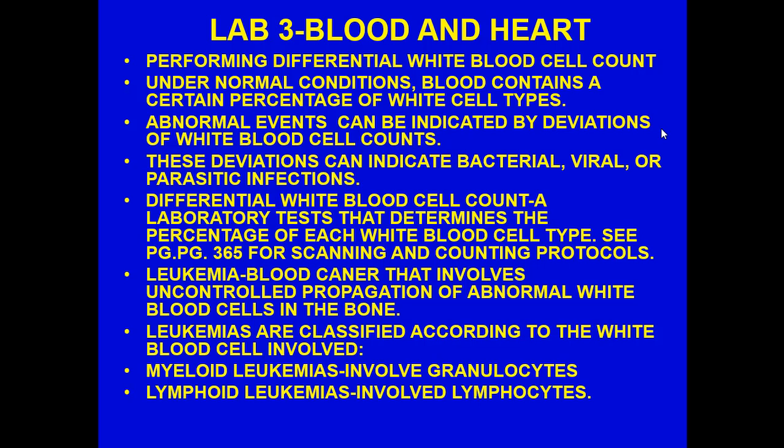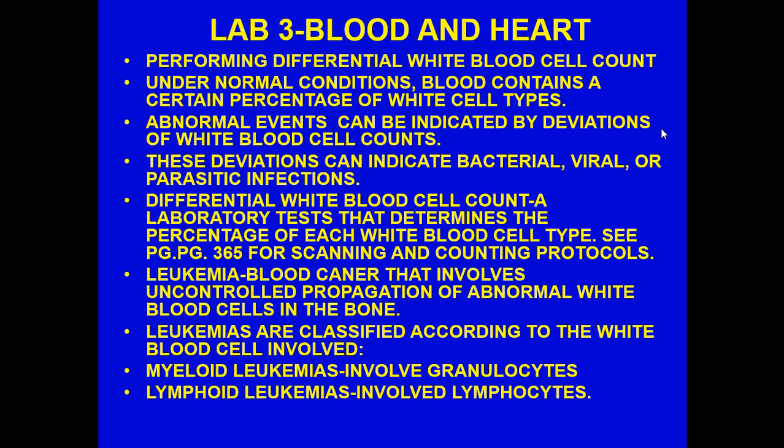A differential white blood cell count is a laboratory test that determines the percentage of each white blood cell type. I encourage you to go over to page 365 in your lab exercise book and review scanning and counting protocols.